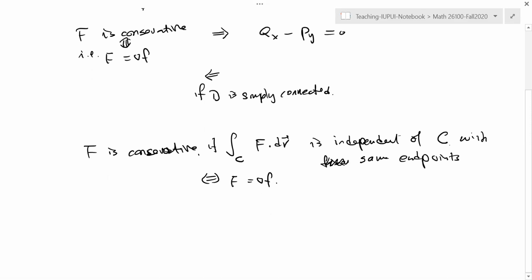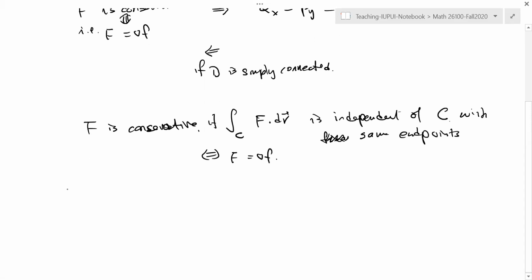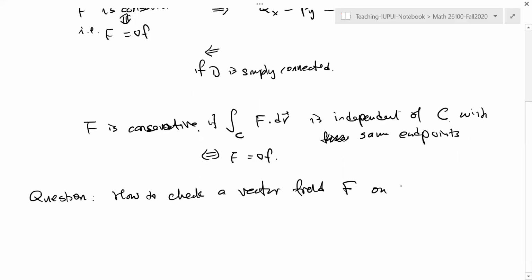So now how do we check a vector field? That is the question we're going to study: how to check whether a vector field F on a region in R3 is conservative.